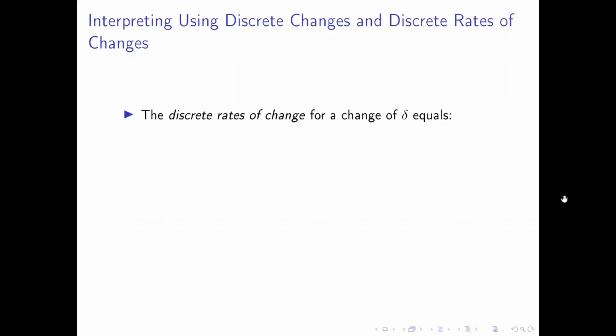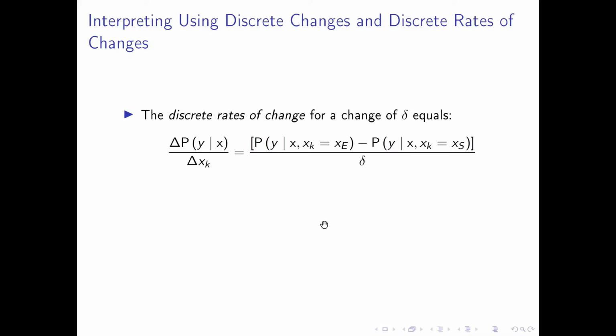Similarly, we can also calculate discrete rates of change in predicted probabilities. So in this case, discrete rates of change for a change of delta in xk, again, a generic variable xk, is a ratio of delta p, that is the difference in predicted probability, over delta xk. On the right-hand side of the equation, we can see that the numerator is the difference in these two predicted probabilities we just talked about in the previous slide, and the denominator is the difference in these two x values for xk.